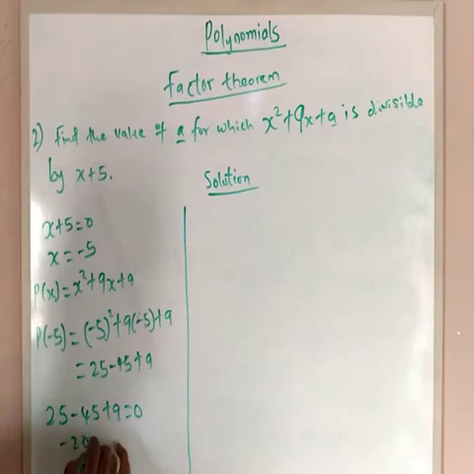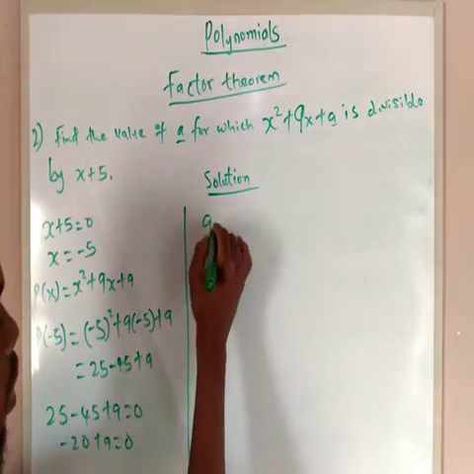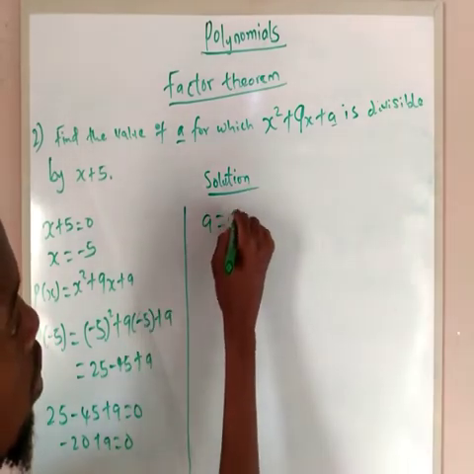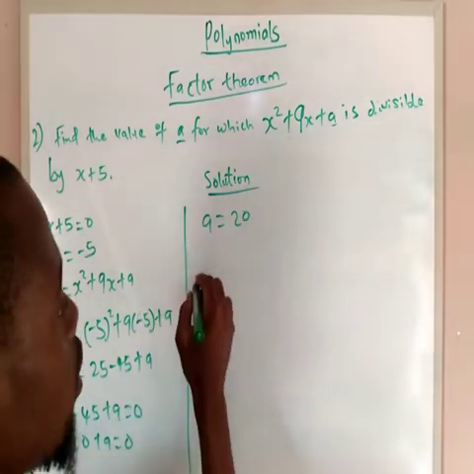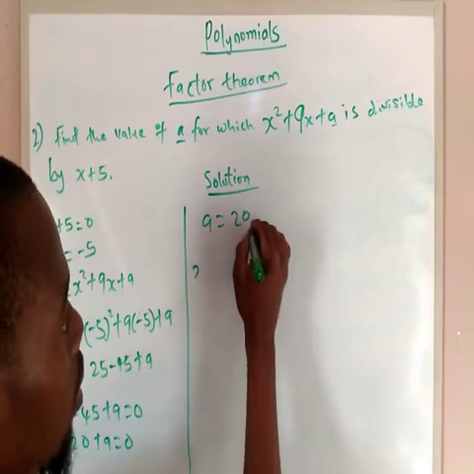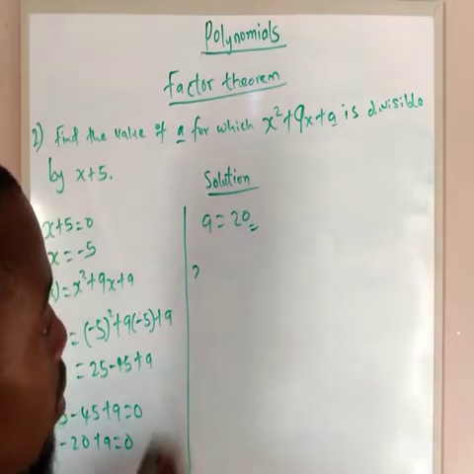So we have minus 20 plus a equal to 0, and we have a to be equal to 20. So when we have our equation, actually this is the value of a.